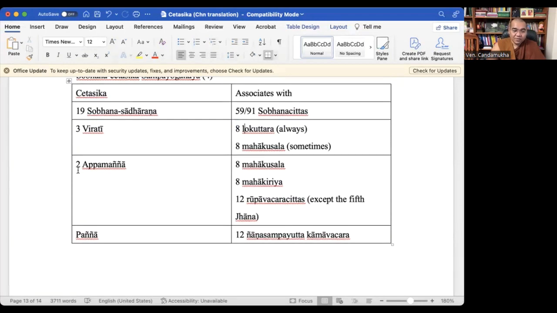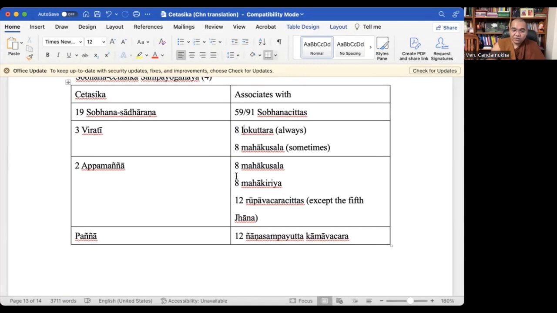And then the 2 Appamanna, Karuna and Mudita, compassion and appreciative joy. These 2 Cetasika associate with 28 Cittas. 28 here means 8 Mahakusala, 8 Mahakiriya, and 12 Rupavacara Cittas, except the 5th jhana.